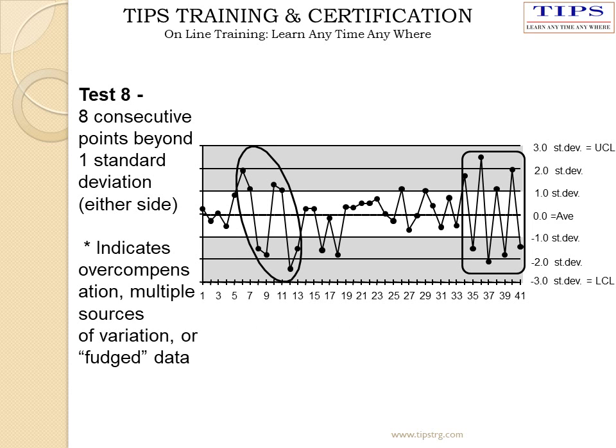Last test is 8 consecutive points lying beyond one standard deviation on either side, positive or negative, which indicates overcompensation, multiple source variation, or mixed data. Based on these 8 tests, we have to analyze the respective control chart, and depending on the patterns, we have to take the corrective action.